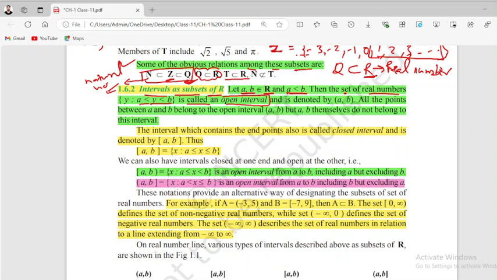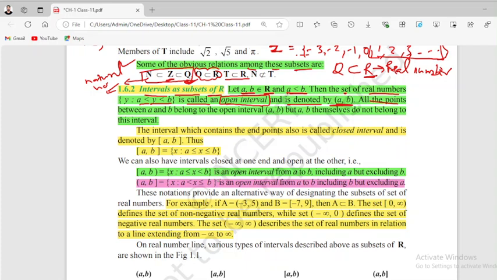This is an important point for understanding. What do we mean by an open interval? Let us discuss. It is denoted by (a, b) in brackets.